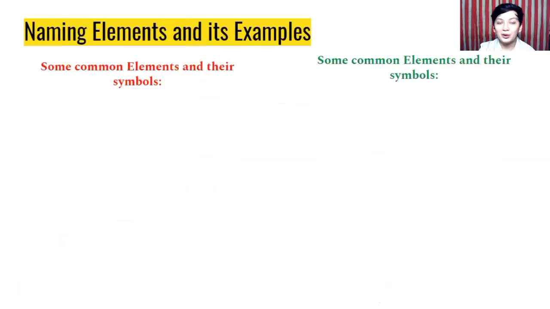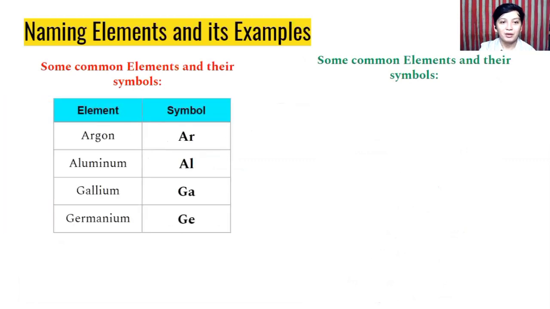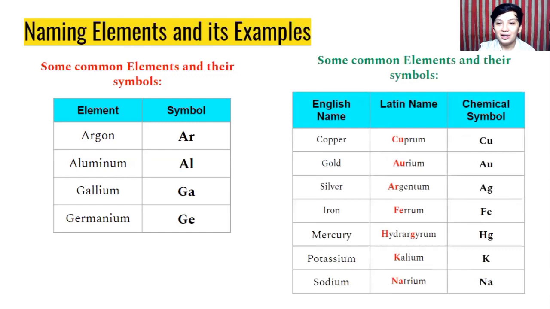Here are other examples of element names: argon, Ar; aluminum, Al; gallium, Ga; germanium, Ge. These are some of the English names and their chemical symbols.